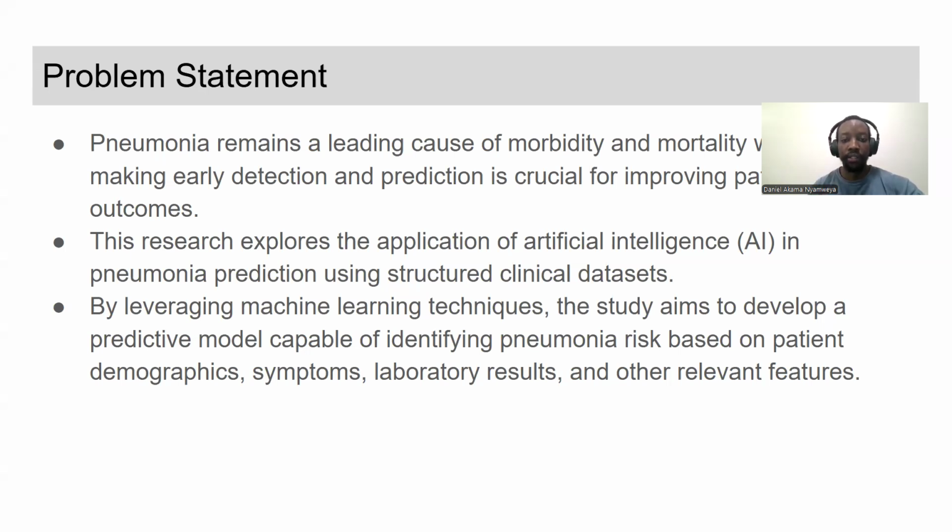In this research project, I particularly explore how artificial intelligence, specifically machine learning, can help predict pneumonia using structured clinical data, things like age, symptoms, lab test results, and vital signs. My goal, or rather our goal, was to develop a model that accurately identifies pneumonia risk, supporting clinicians in early diagnosis, even in the absence of imaging.